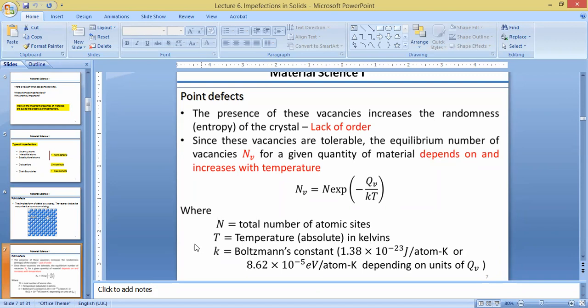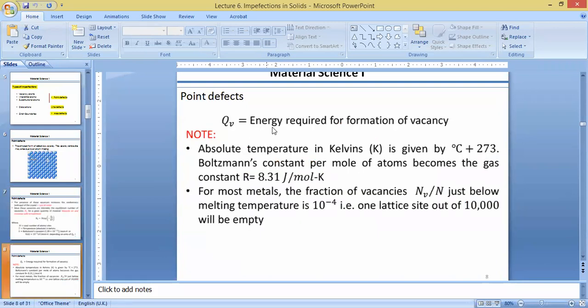K is a constant, and Q is the energy required for formation of a vacancy. All these will be given in the question, but it's up to you to convert. So how do we convert degrees Celsius to Kelvin? We add 273 to the given degrees Celsius in order to get Kelvin.